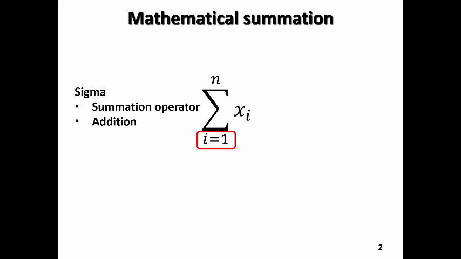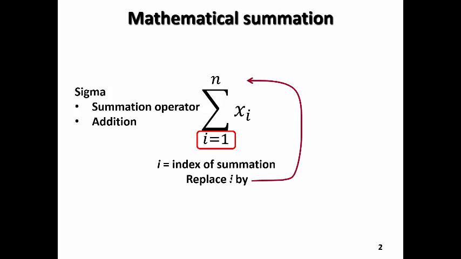On the bottom of the summation operator symbol, the sigma symbol, we see i equals 1. This is referred to as the index of summation, and this will provide the instructions on how to carry out the addition operations. The way this is done is to replace i in the variable that precedes the sigma symbol by a number that goes up to n.